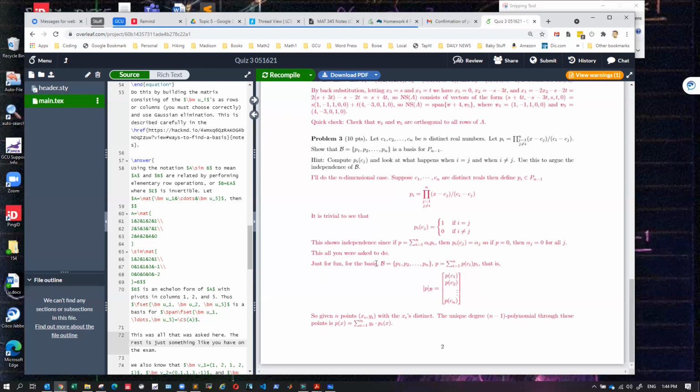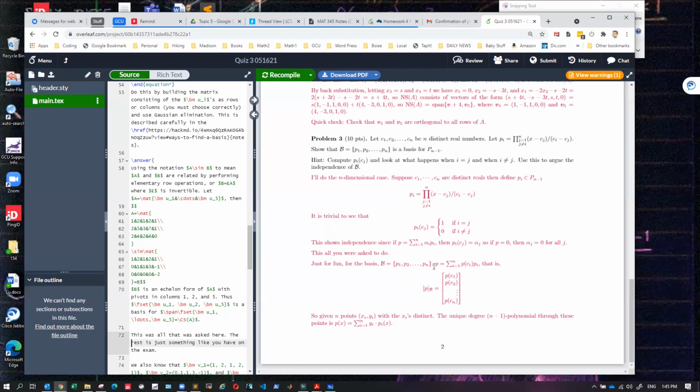The fun thing about this is if I fix your c1 through cn, and we have our basis here, and I take any arbitrary polynomial at all, and I want to know how to write it out in terms of the pi's. I'm fixing the c1 through cn, and that fixes these pi's.